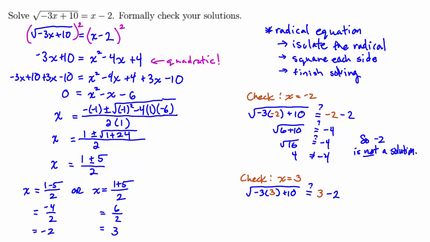So on this left side, I'm going to have the square root of -9 plus 10. I'm checking, does that equal 1? And the square root of 1 is what that left side simplifies to, and that does indeed equal 1. So the only solution is 3. And that means that the solution set is the set just containing the number 3.